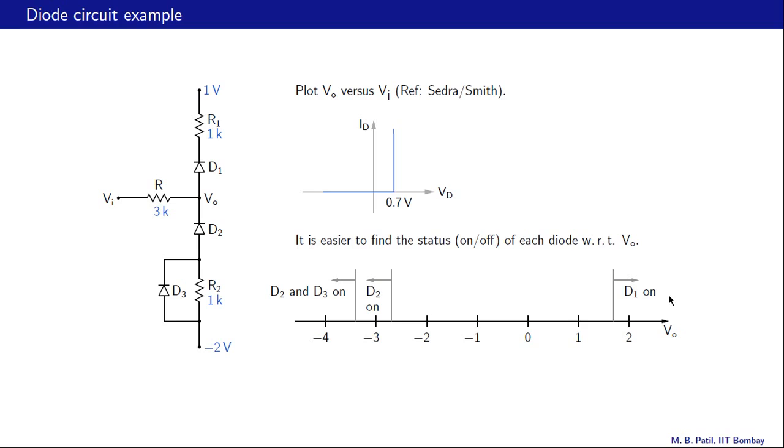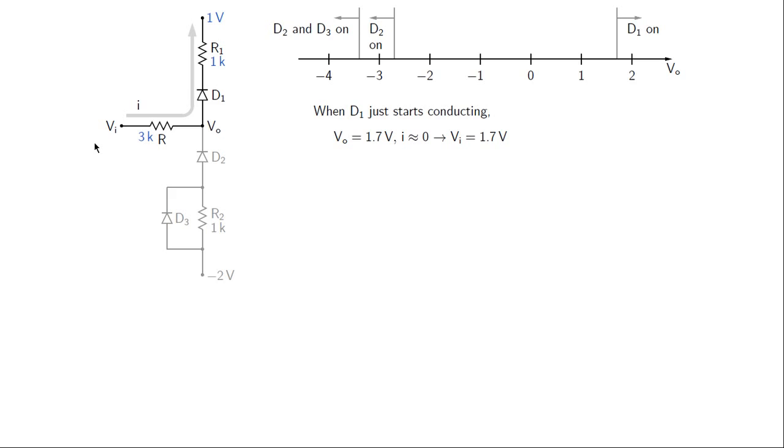Let us now look at this region and find the relationship between VO and VI for that region. When D1 conducts, the current path is like that, and in this situation D2 and D3 do not conduct. There is no current in this branch, and therefore we have shown that in gray.